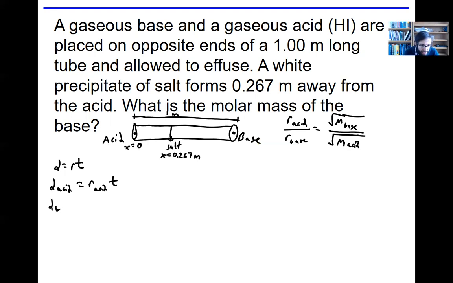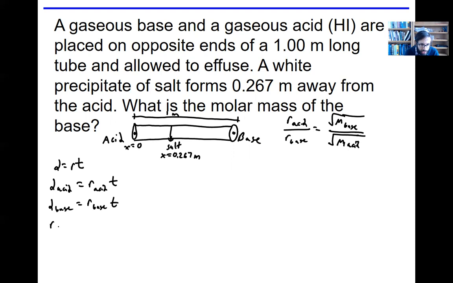We can write the exact same thing for the base. D base equals the rate of the base traveling times the time that it takes to make the salt. Now, those times are the same. We don't know what that time is, but what we can do is now solve for R acid and R base, because we have that in this equation here.